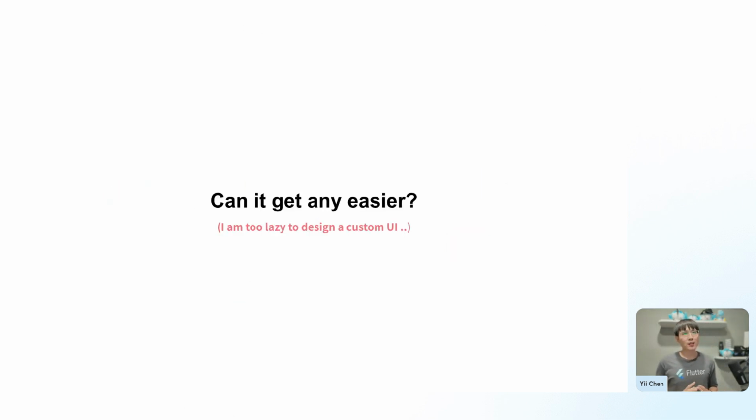At this point, some developers might ask, can it get even easier? What if I don't want to spend time designing my own paywall UI? Maybe I just want something that works out of the box and lets me validate ideas quickly. Well, RevenueCat has something for that too.